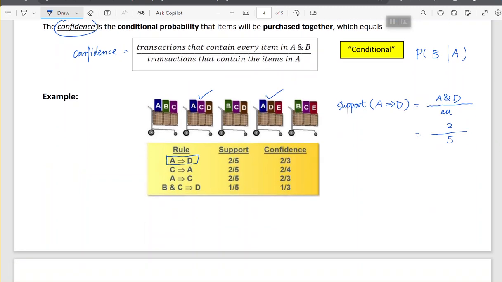Okay, next, what is the confidence for A implies D? That means the customer already bought A, and then how much chance he will also go and buy D, so that in his basket should have both A and D, right? Okay, so how many transactions have A?